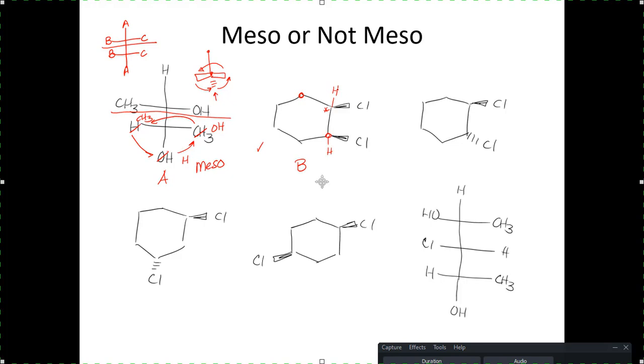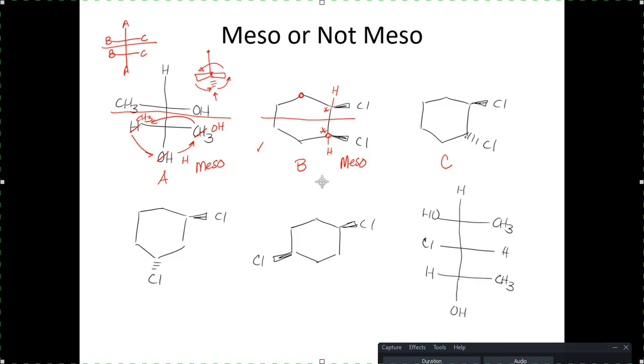And then it's got a Cl and an H. So these two carbons, same thing's true down here. We have two chiral centers. Do we have a mirror plane of symmetry? Yes. The mirror plane does not cut through either one of those carbons, and so therefore B is meso. And you always want to check to make sure that you have chiral centers and an internal mirror plane of symmetry. So B is meso.